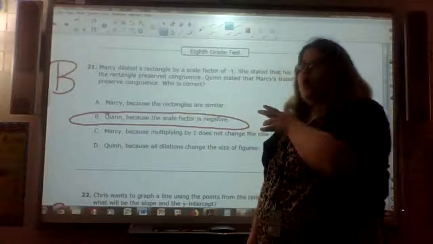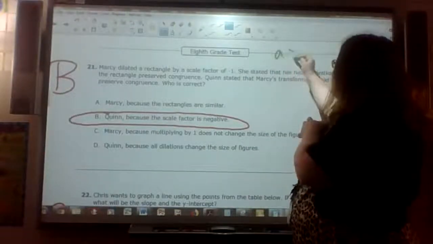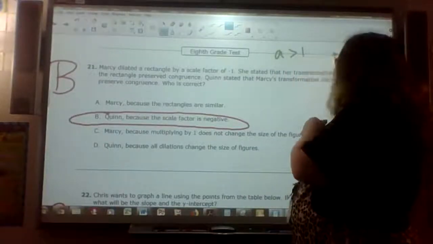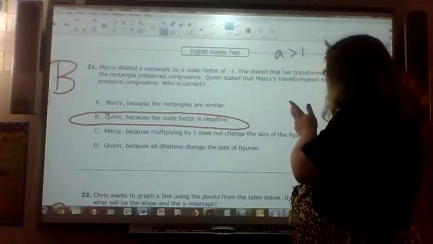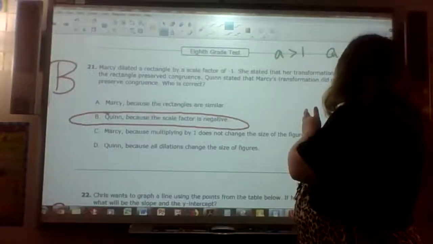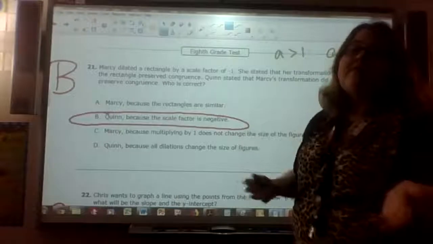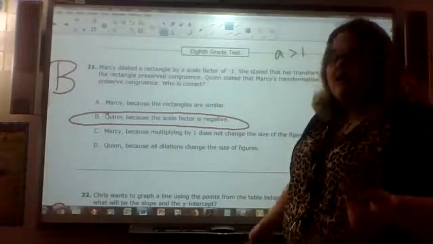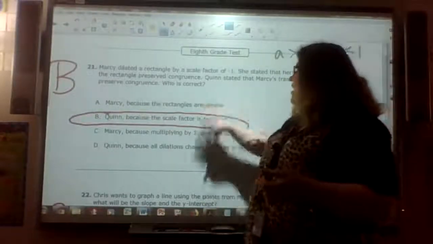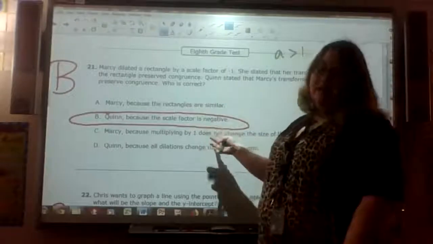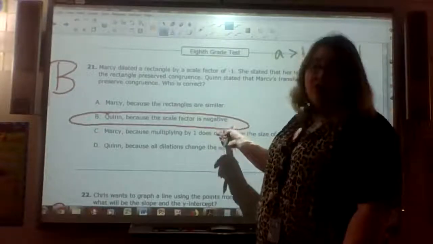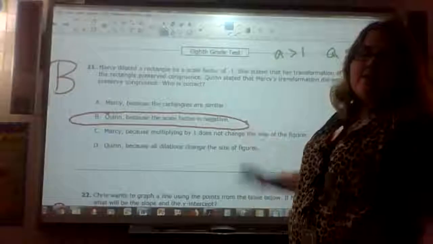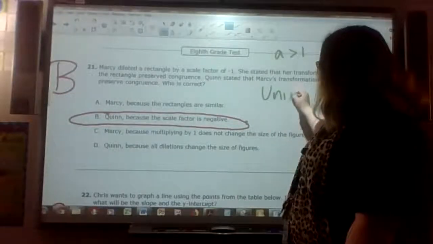The problem is you can only multiply when the scale factor is greater than 1, or less than or equal to 1, but it has to be between 0 and 1. It can never be negative. So when I'm looking at all these answer choices, anything that's negative is going to be wrong. So Quinn was correct. Okay, so we're going to get to that in Unit 7. This is Unit 7.